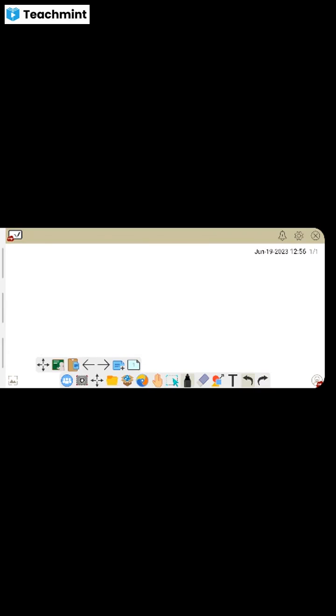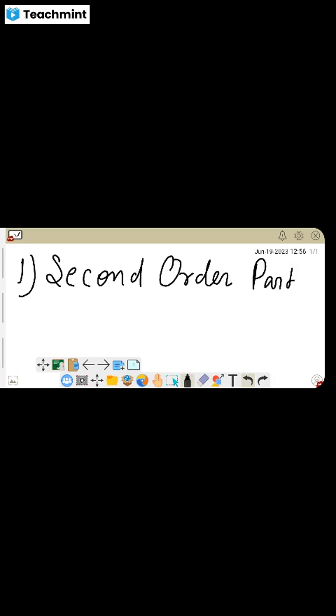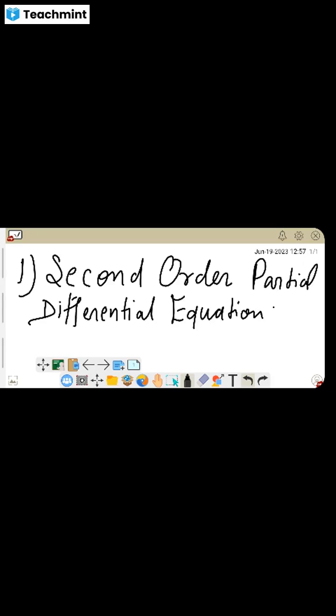Type first is second order partial differential equation in two independent variables.